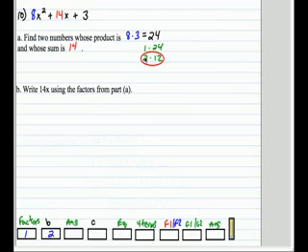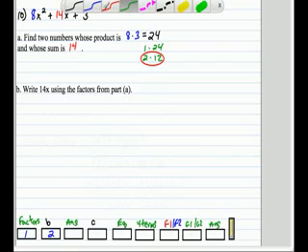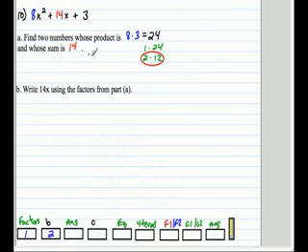So we know that 2 times 12 is going to be our answer. And then write 14x using the factors from part A. It's kind of the same thing we do when we're doing our AC.